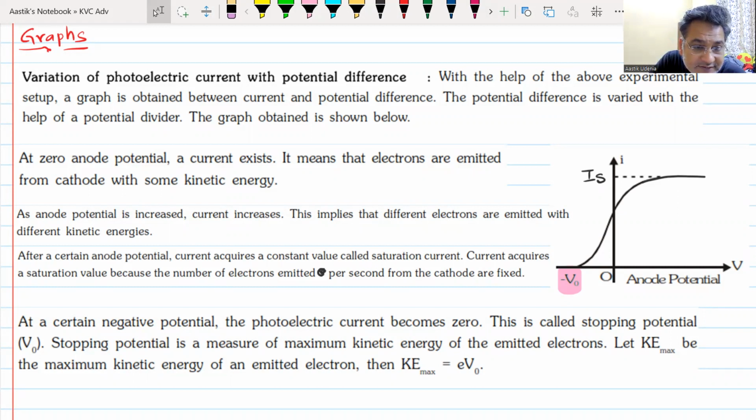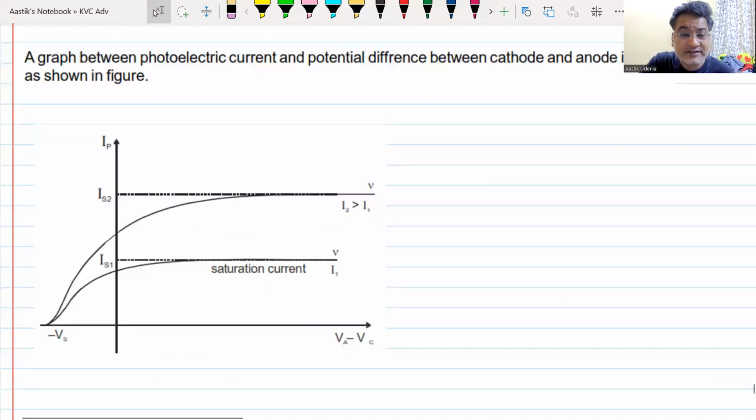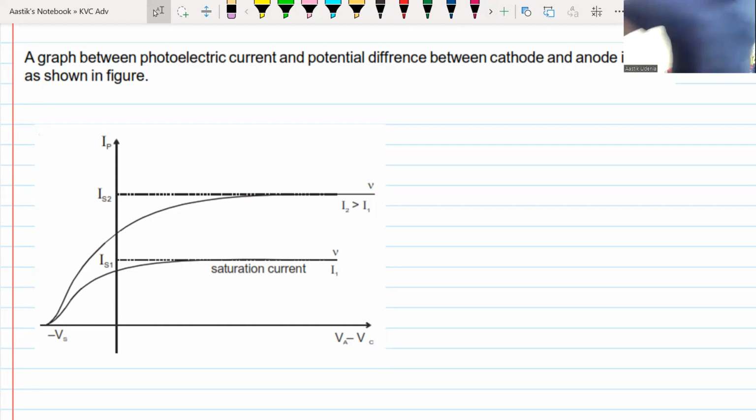Now, this is the graph between saturation current and potential difference drawn for the same frequency but at two different intensities, intensity I1 and intensity I2.